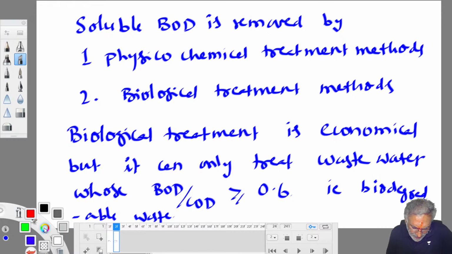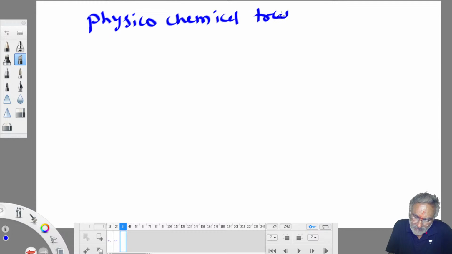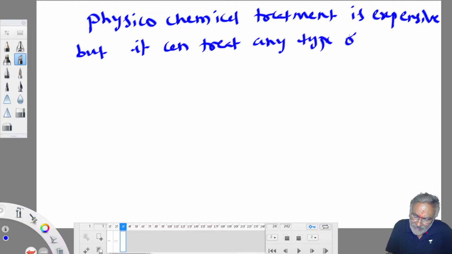Physicochemical treatment methods are expensive. So where biological treatment cannot be employed, then only we employ physicochemical treatment methods. Physicochemical treatment is expensive, but it can treat any kind of waste. Okay?